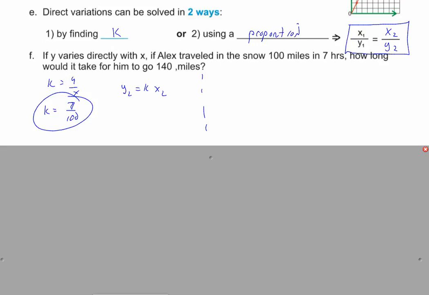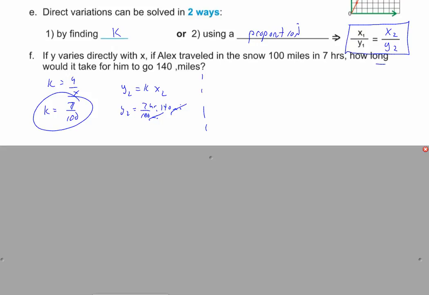It really doesn't matter. So 7 over 100 times, what are we going, 140 miles? And if you include your units here, so miles and miles, you'll see your miles are gone. And you're left in hours, which is what you want, because we are trying to figure out how long.